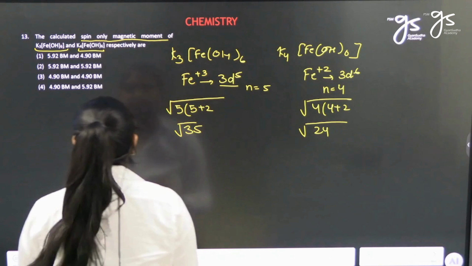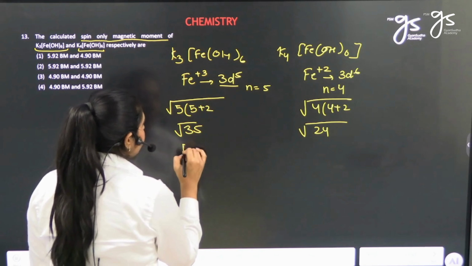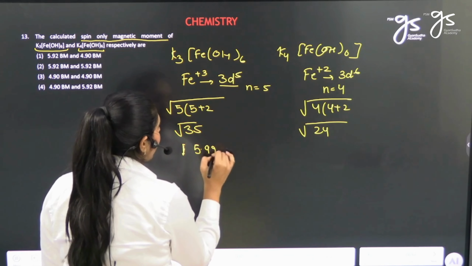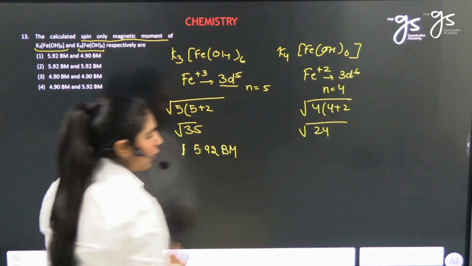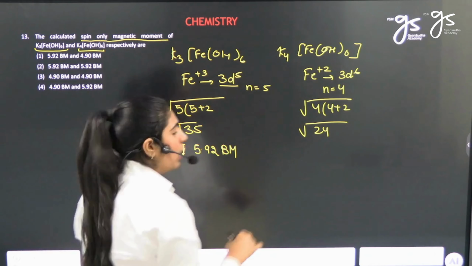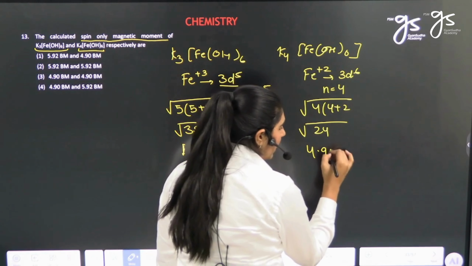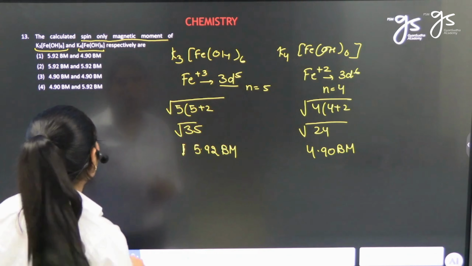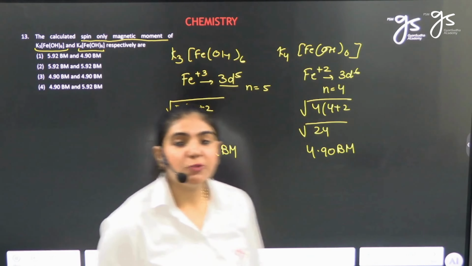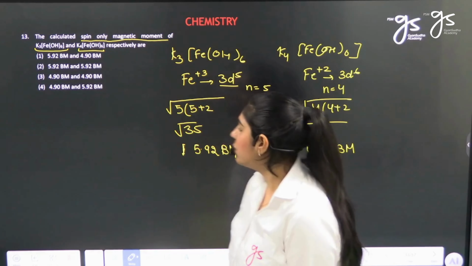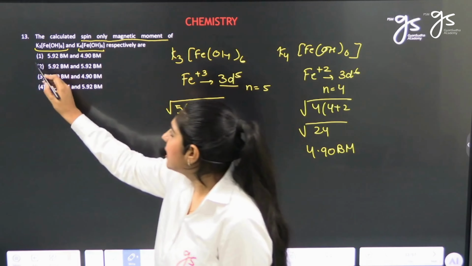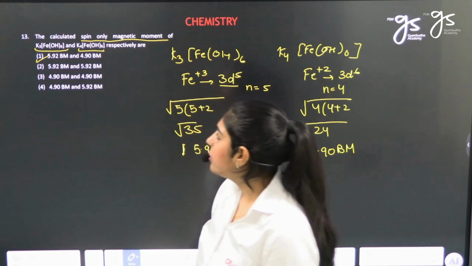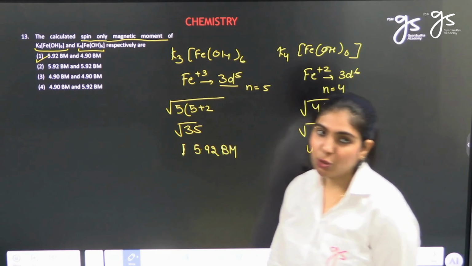So √35 is always 5.92 Bohr magneton, and √24 is always 4.90 Bohr magneton, right? So from all the options which we can see over here, which is the correct one? For this it is 5.92 and 4.90 Bohr magneton.